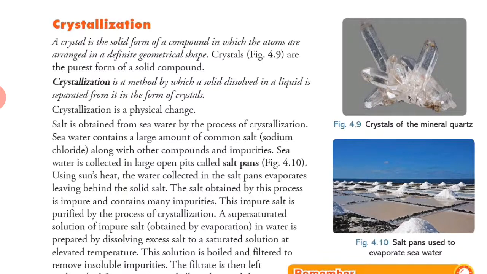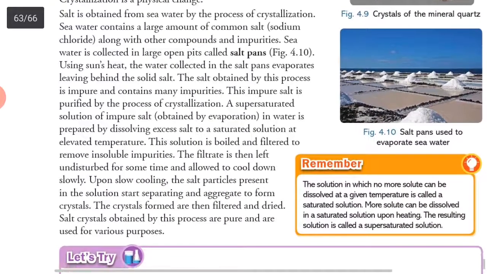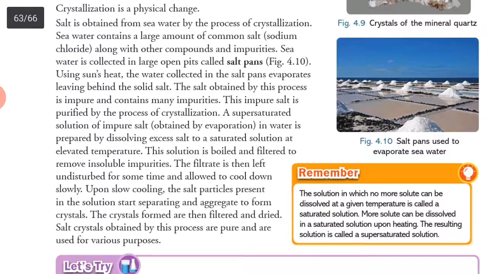The filtrate is then left undisturbed for some time and allowed to cool down slowly. Upon slow cooling, the salt particles present in the solution start separating and aggregate to form crystals. The crystals formed are then filtered and dried. Salt crystals obtained by this process are pure and are used for various purposes.